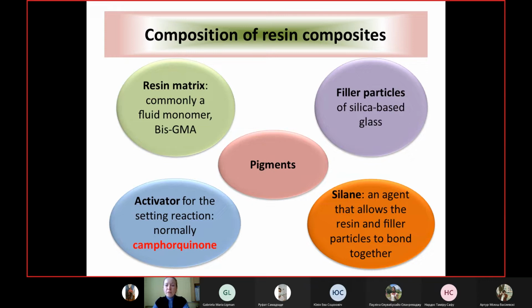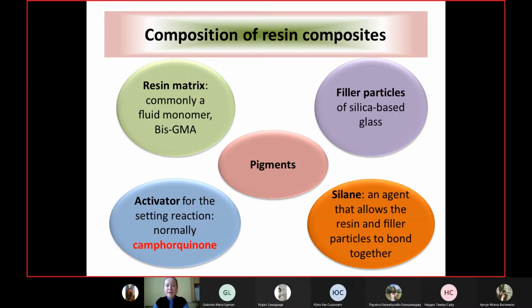Talking about its composition, we have the resin matrix, basically a fluid monomer, Bis-GMA, or it can be TEGDMA, depends, but Bis-GMA is the common one. Then we have filler particles of silica-based glass.